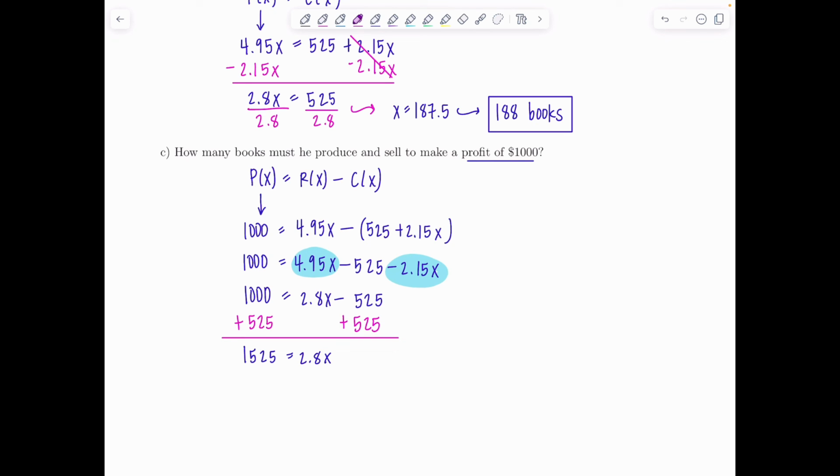Then let's divide by 2.8. And what do we get? X equals 1,525 divided by 2.8, which is 544.643. So let's just round to the nearest whole book. I would say 545 books.